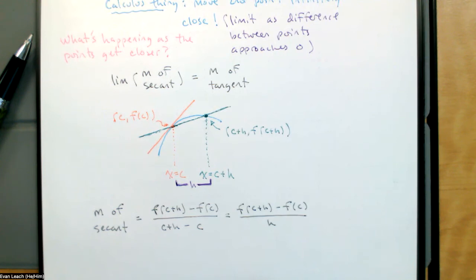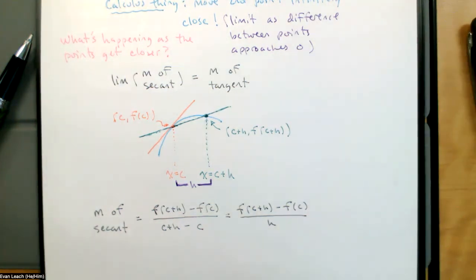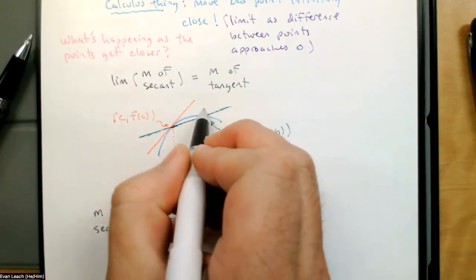Then what I want to have happen is to move that point closer to the point that we're interested in. So I'm going to squish h, make h smaller. I'm going to take this point and move it closer.